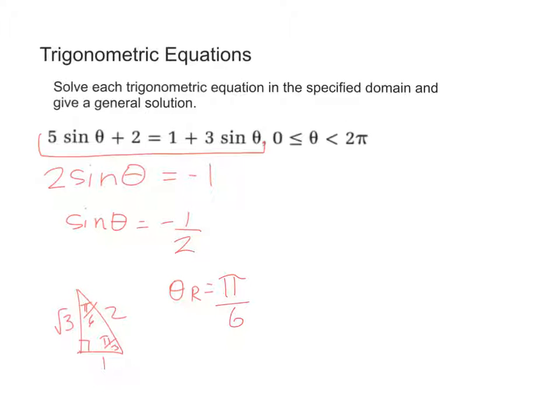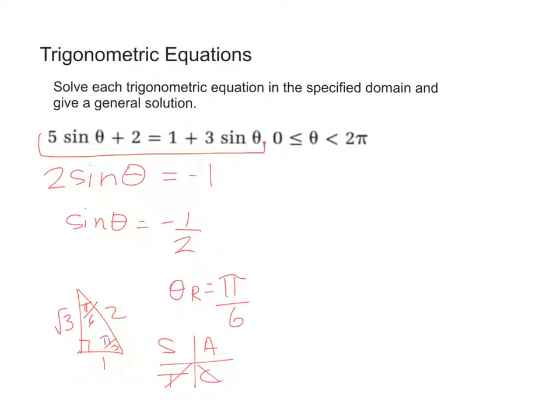And then we need to figure out which quadrants our actual answer is in. We're looking for a negative sine. So which quadrants have a negative sine value? That's right, 3 and 4.